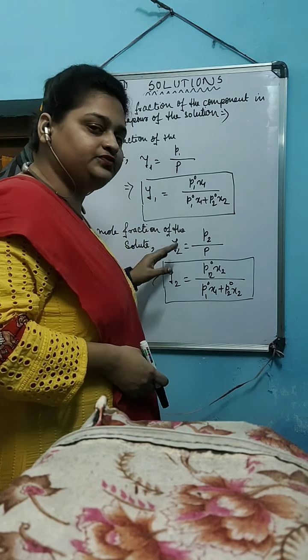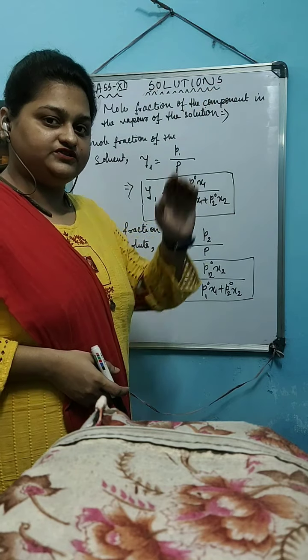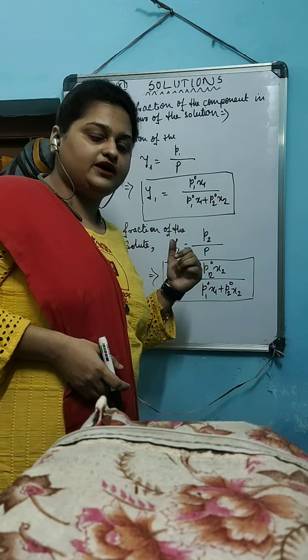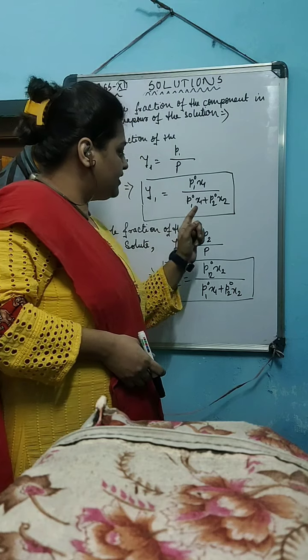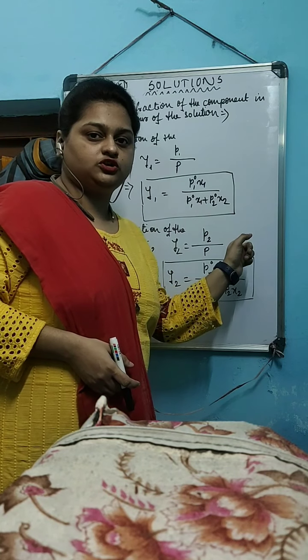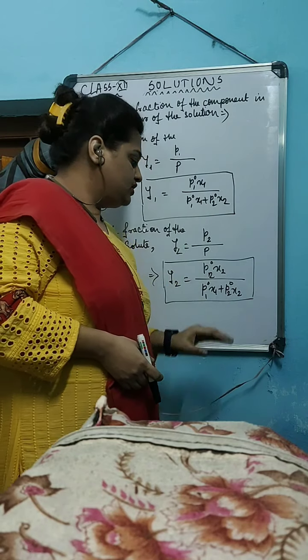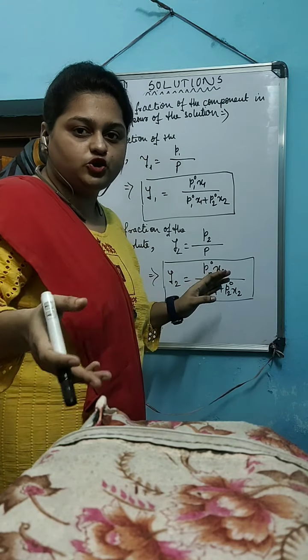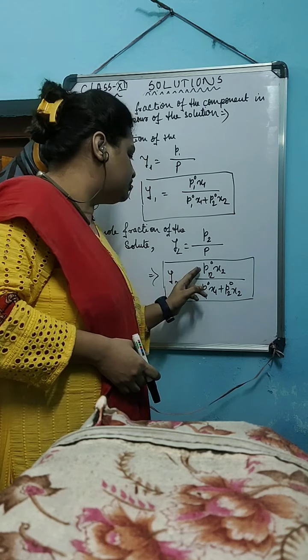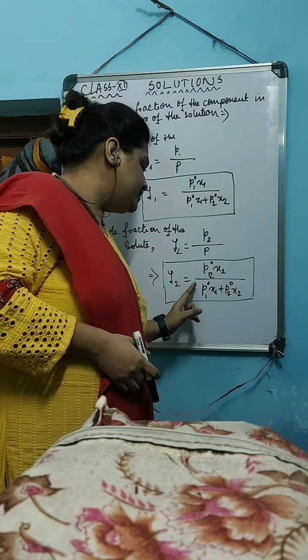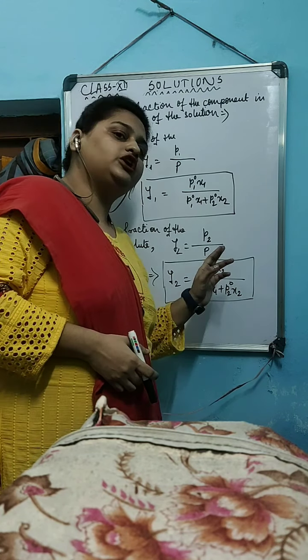It is given by P2, the partial vapor pressure of the solute, divided by the total vapor pressure P, which is also represented by Raoult's law: Y2 equals P2 naught X2 divided by P1 naught X1 plus P2 naught X2.